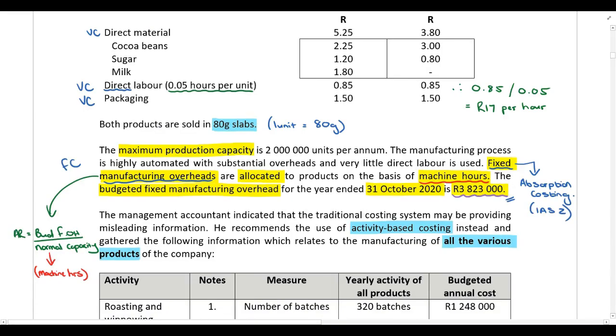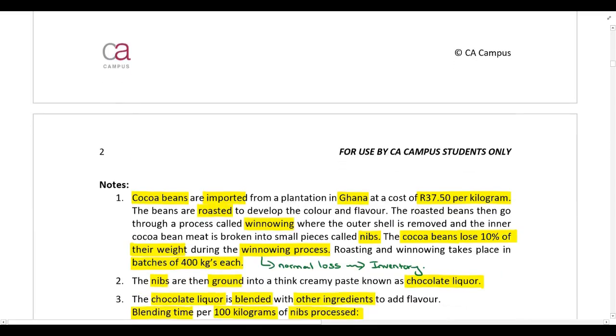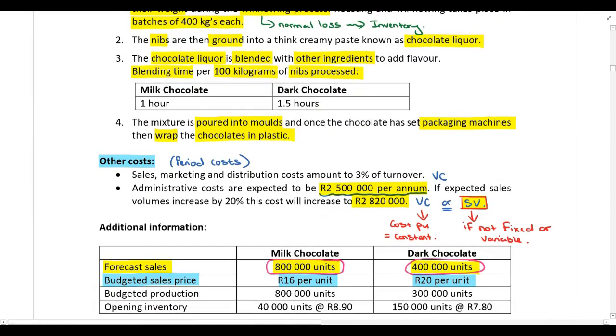Right, and then once again, don't forget about the period costs. We are calculating the break-even point, so all expenses that affect profit and loss need to be taken into account in this calculation. So we have sales, marketing, and distribution costs, which are 3% of turnover.